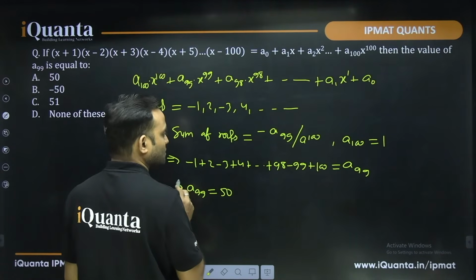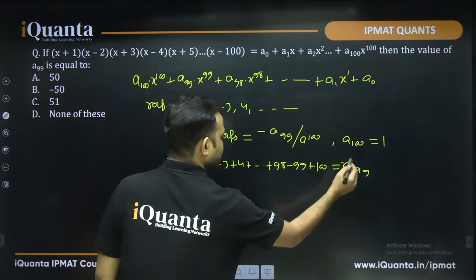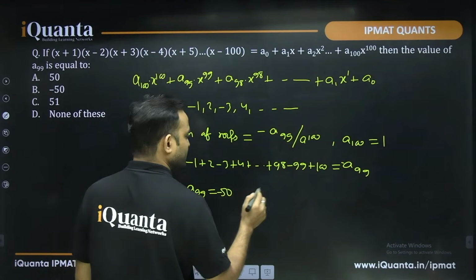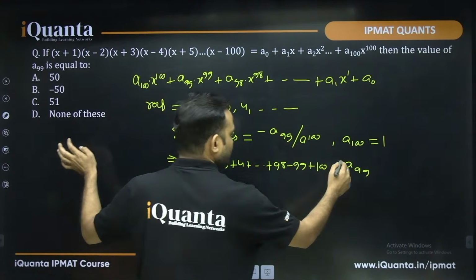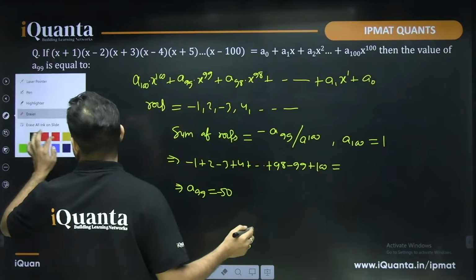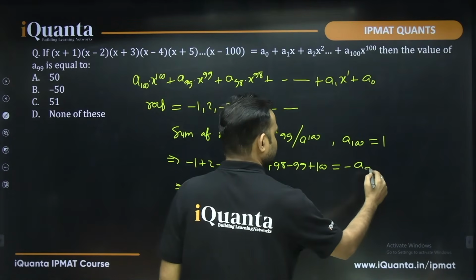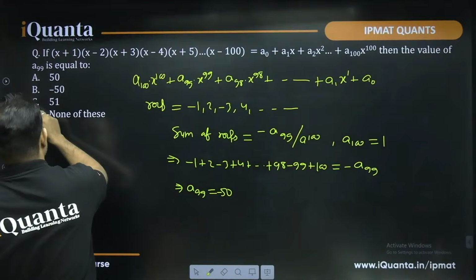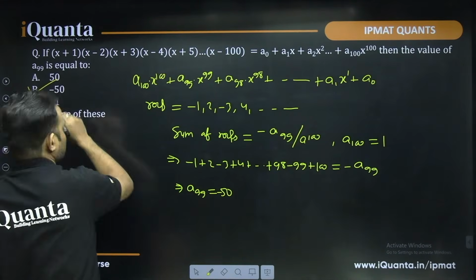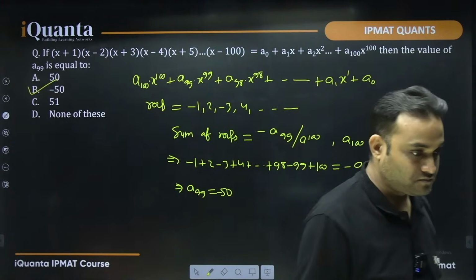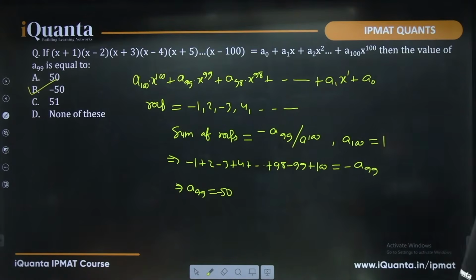No, this should be minus, so minus 50, that is minus A99. Option B, right? Option B is the correct answer.